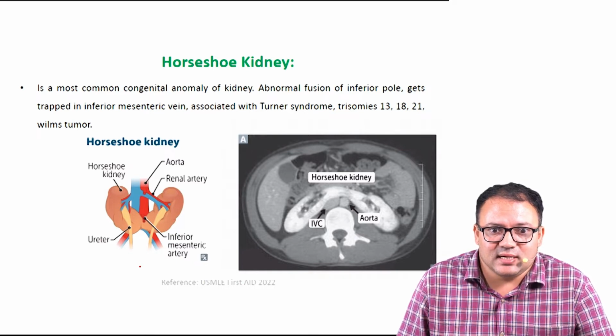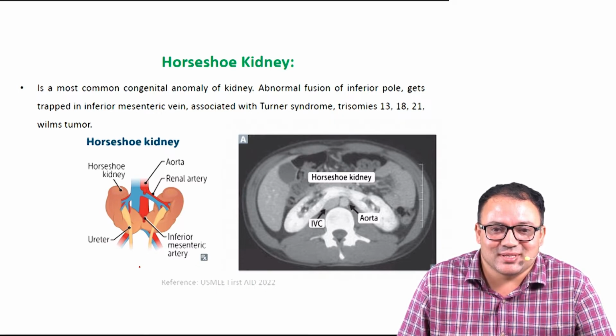So what happens is that the inferior mesenteric artery traps the lower poles of the kidney, and the fusion of the lower pole of the kidney takes place, and it gives the horseshoe shape. So people call it horseshoe shaped kidney.